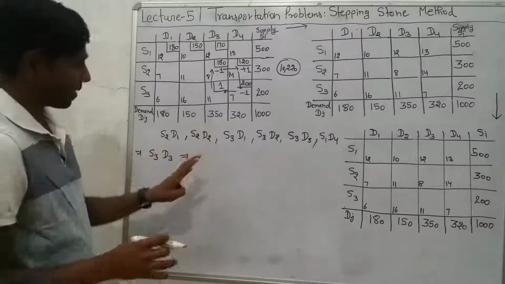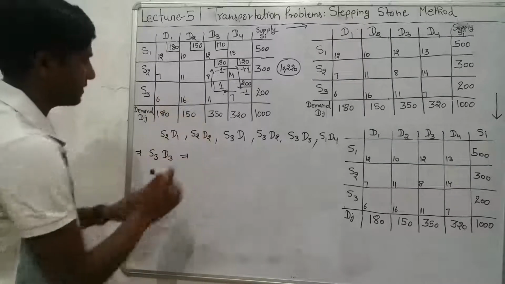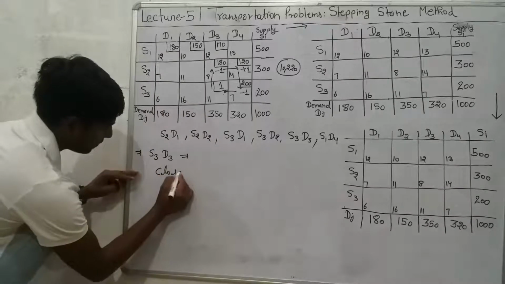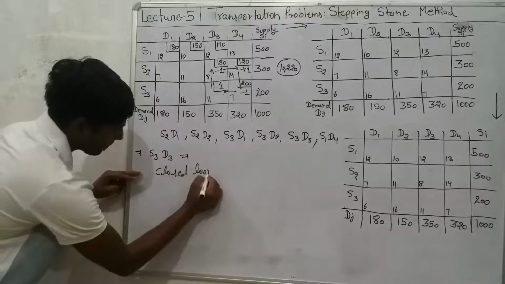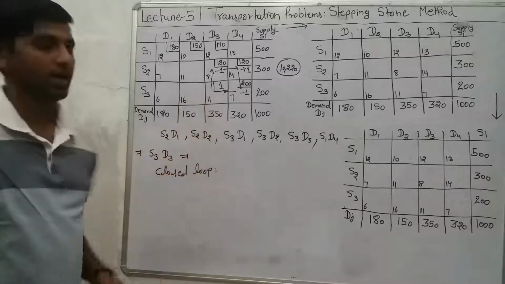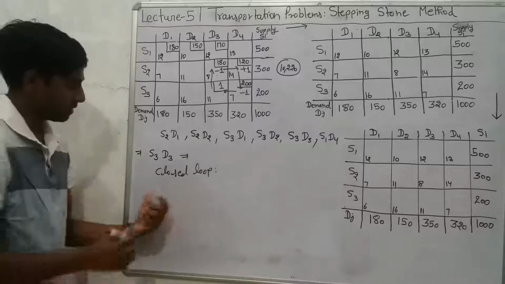So before moving ahead, we must understand the concept of closed loop. It is very basic to calculate the opportunity cost of the empty cells. So what is the concept of closed loop?